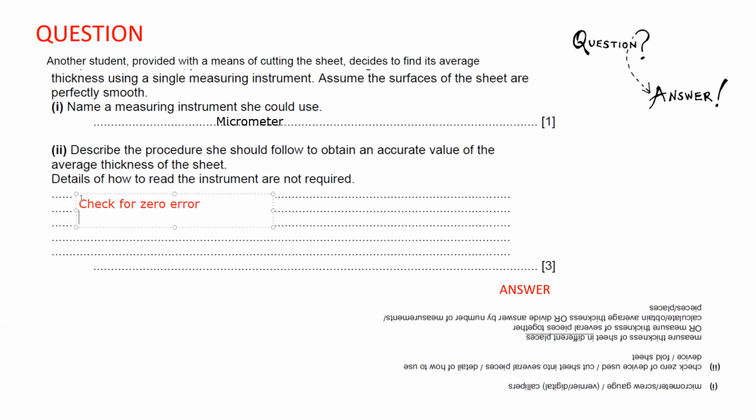Then, instead of measuring one sheet, because one sheet will be very thin, and when you are reading a small value, your percentage error is higher as compared to a large value, what she can do is place 100 sheets between the jaws of the micrometer and record the reading.